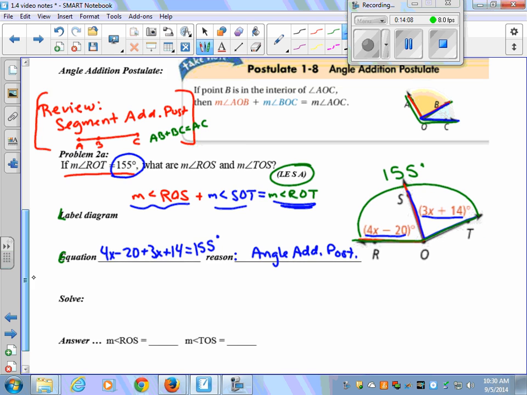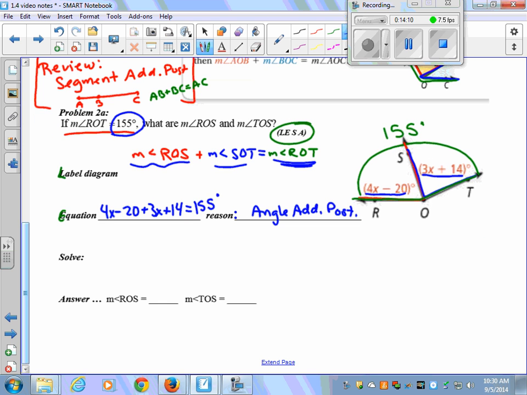So as we work through this, we're going to then solve. We need to combine like terms. 4x and 3x combine to be 7x. Negative 20 and positive 14 combine to be negative 6. And that equals 155 degrees.